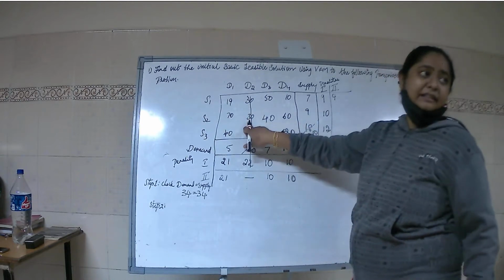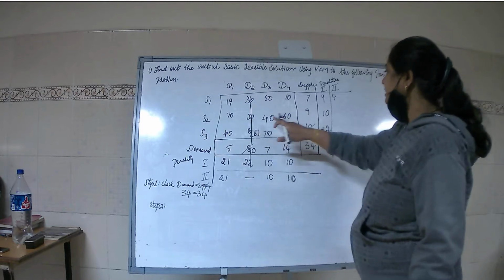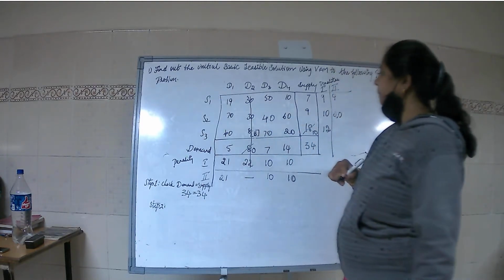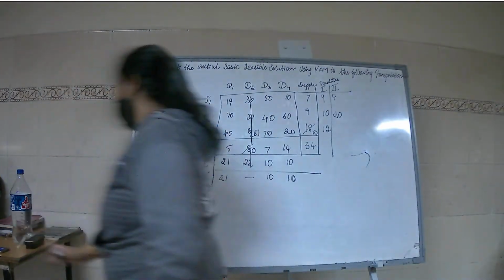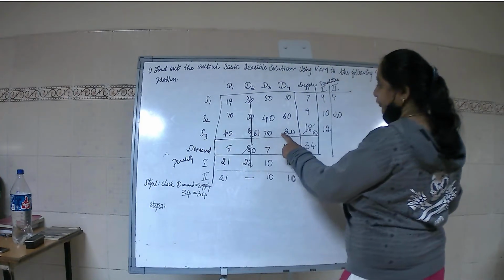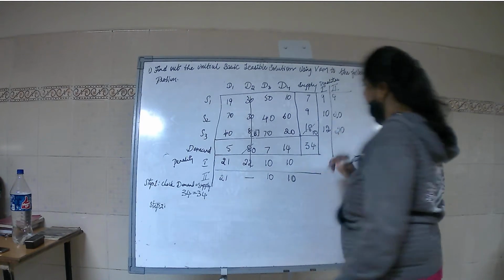Now this 30 is cancelled. So 60 minus 40 is 20. Then the next minimum values are 40 and 20, so here also I get the penalty as 20.